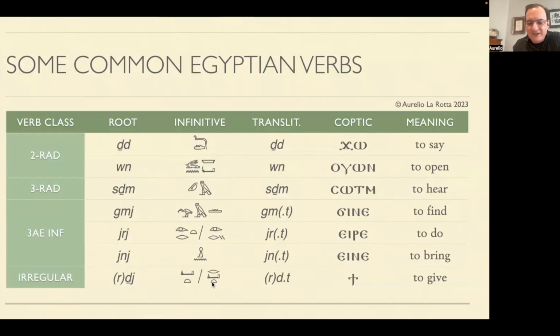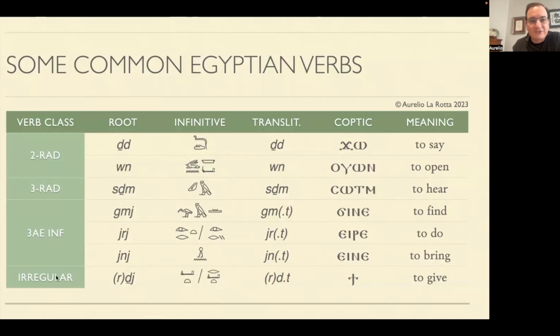I haven't been able to figure out if there's any difference between when it shows up with the R and when without. And this verb has a lot of different forms of writing it, depending on the tense, the time when it was written and whatnot. It's one of those irregular verbs.